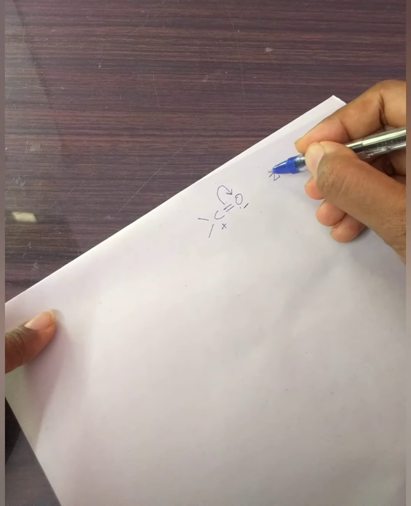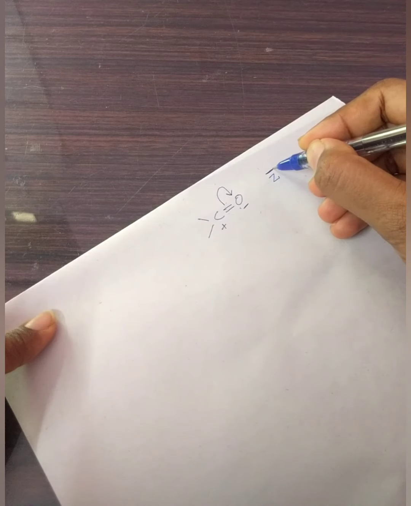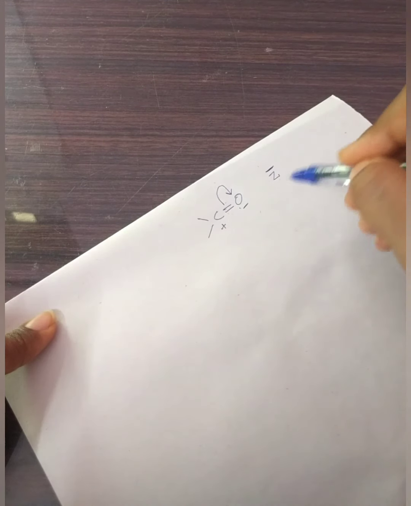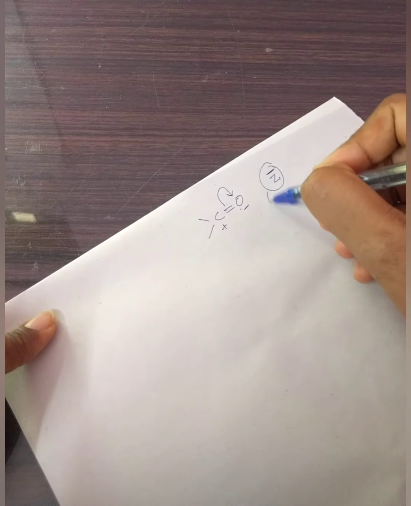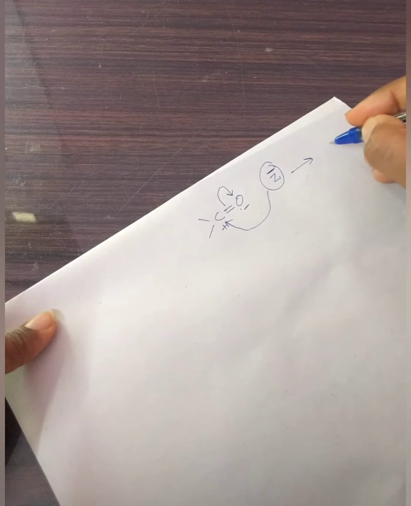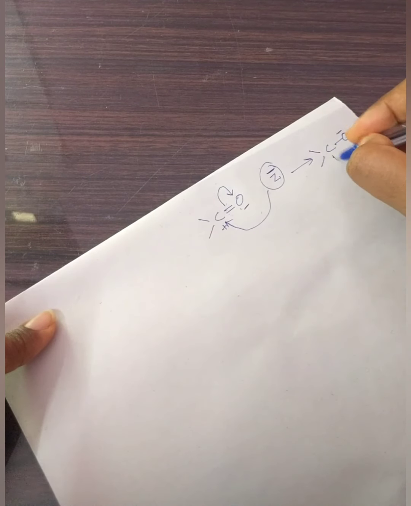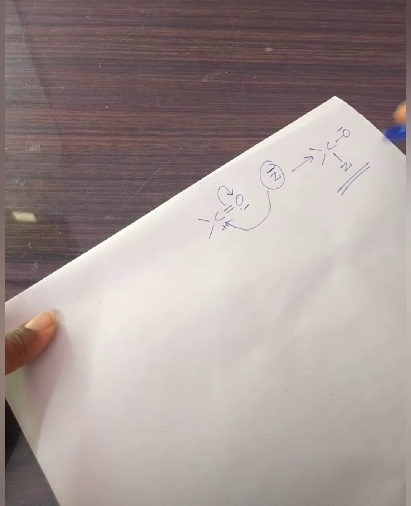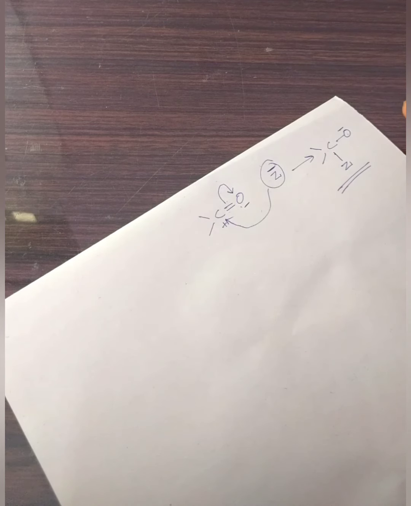Our nucleophile is a negatively charged species, or nucleophile means positive charge loving species. So this will be coming and attaching in this place. So your product will be, here you will be having the Z. So this is all about our minus E effect.